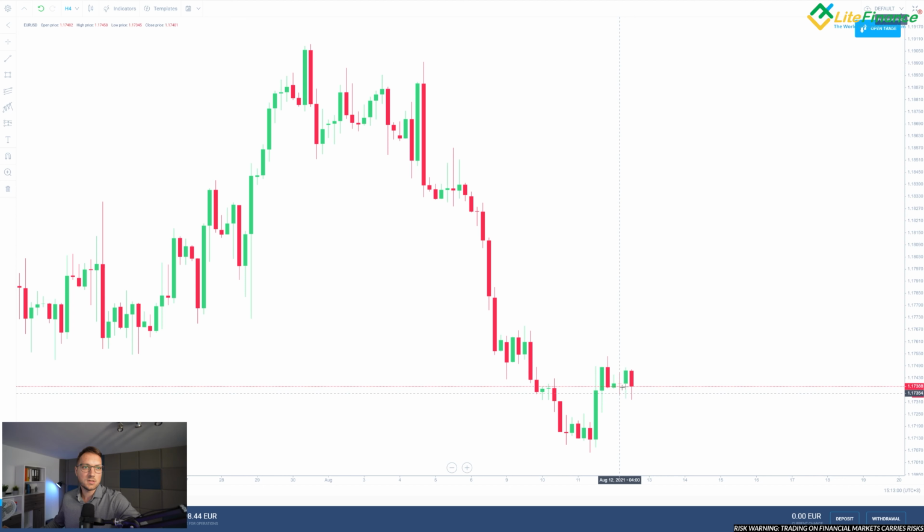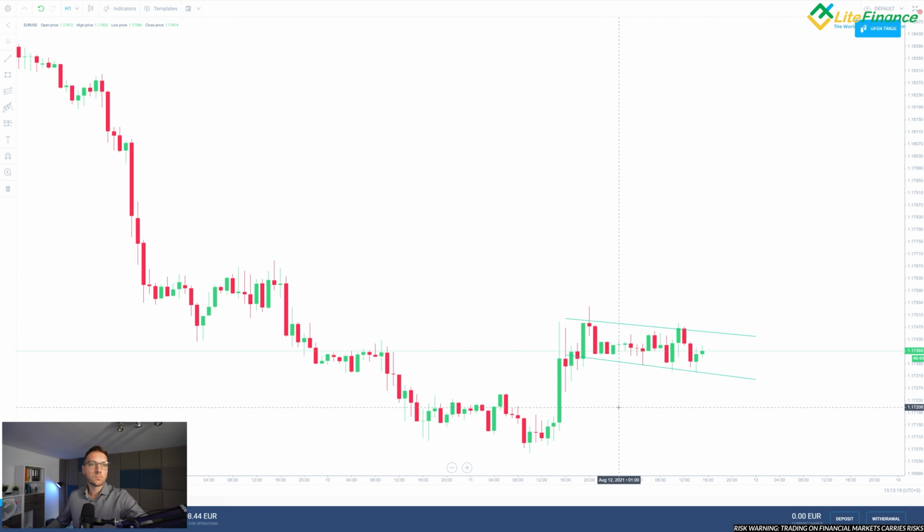So we see it is forming some kind of a flag, or kind of a wedge, but it is not clear where they want to go. If we go on lower time frames, we will see that it might be some kind of a flag, or we have some kind of a double top.